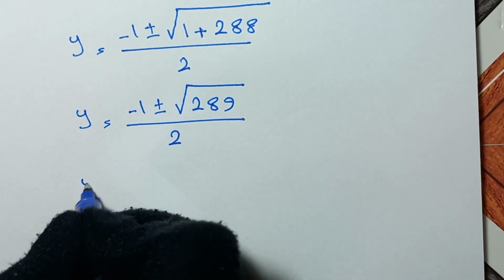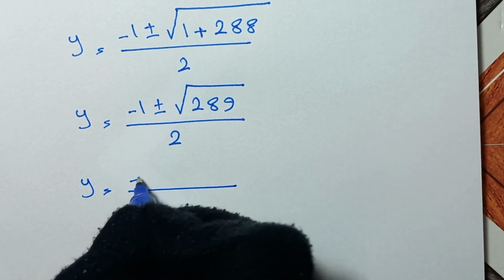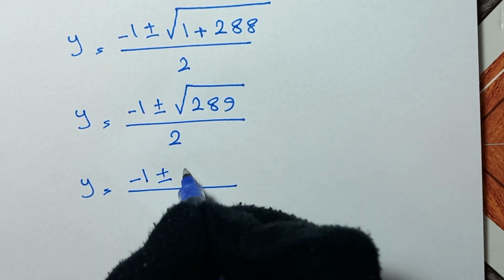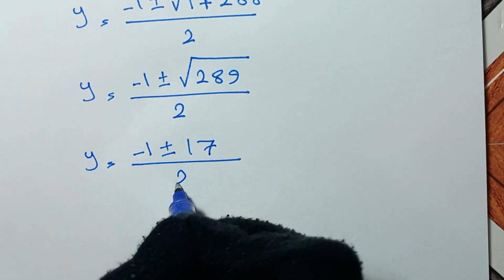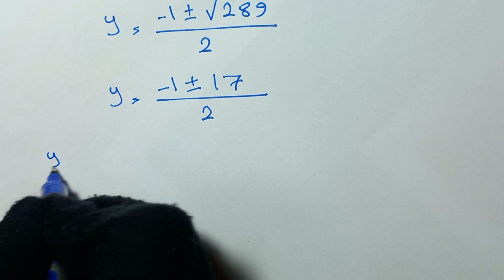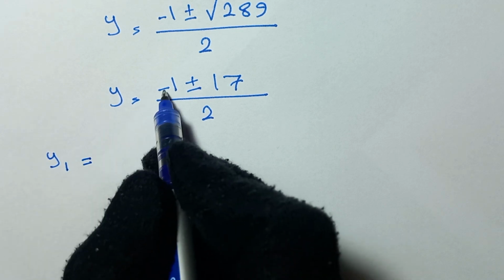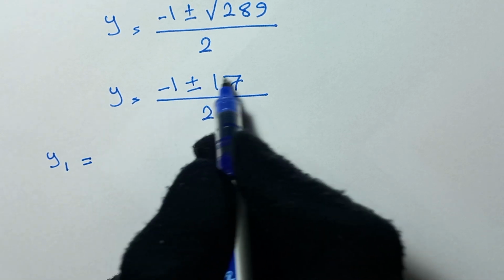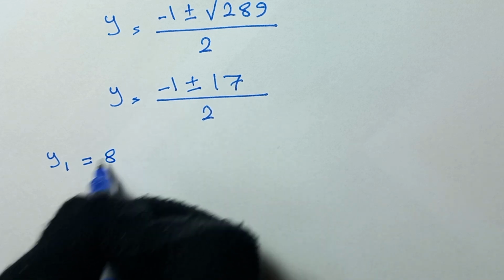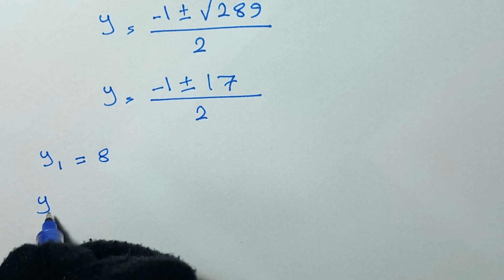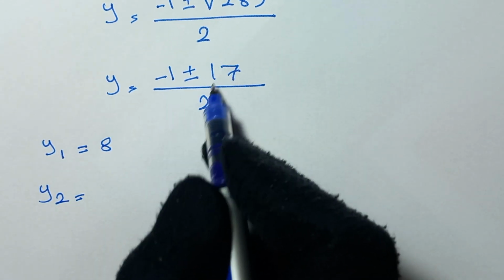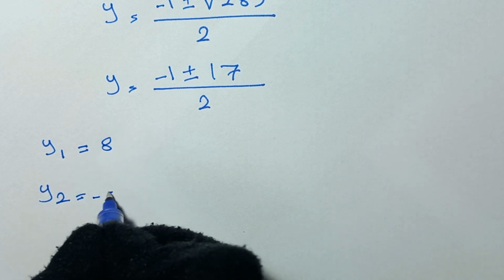And y equals negative 1 plus or minus the square root of 289, which is 17, over 2. So we have two values for y. y1 equals negative 1 plus 17, which is 16, over 2, which is 8. And y2 is negative 1 minus 17, which is negative 18, over 2, which is negative 9.